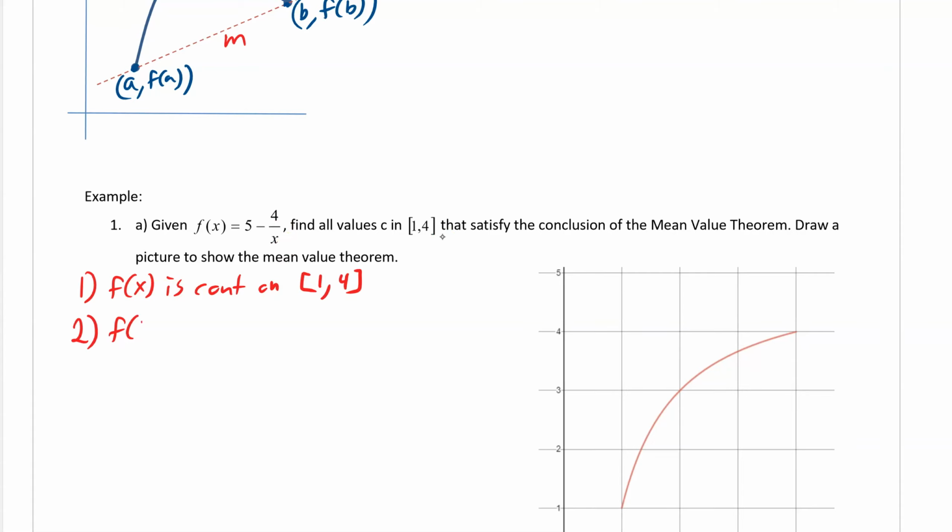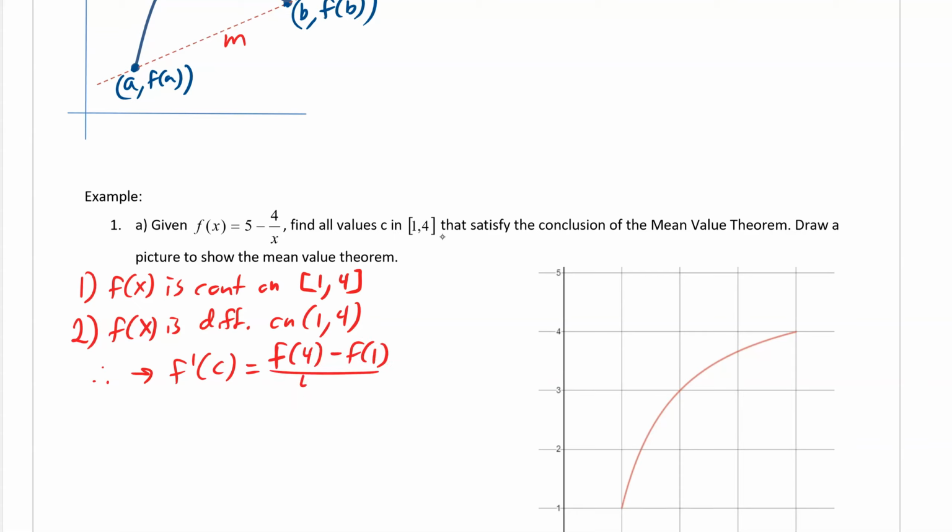F of x is also differentiable on that interval. Because this is true, we know that there has to be some f prime of c equal to f of 4 minus f of 1 over 4 minus 1, which equals a slope.